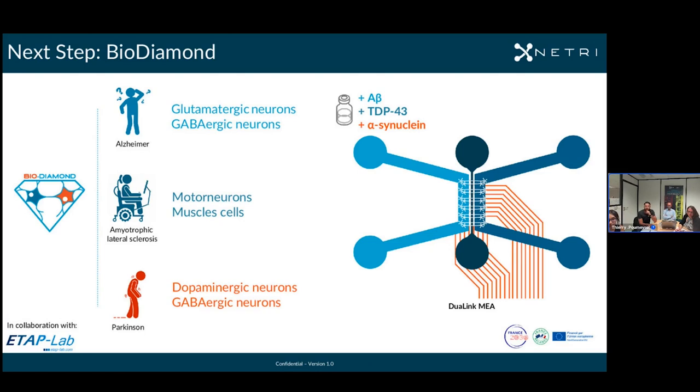But there's also Parkinson's disease that we're interested in, where we will co-culture dopaminergic neurons and GABAergic neurons. I hope I will be able to share more information on that with you very soon. In the meantime, stay tuned. There will be more information and further work that we should be able to show you for those of you present at SFN early next month.